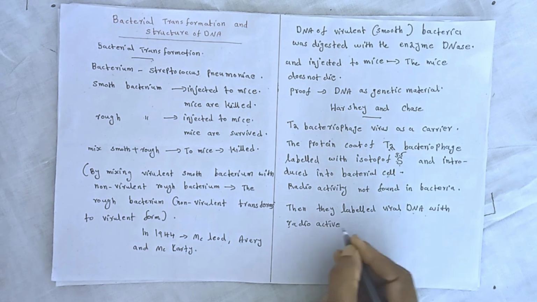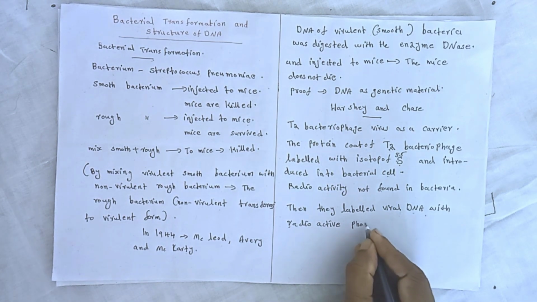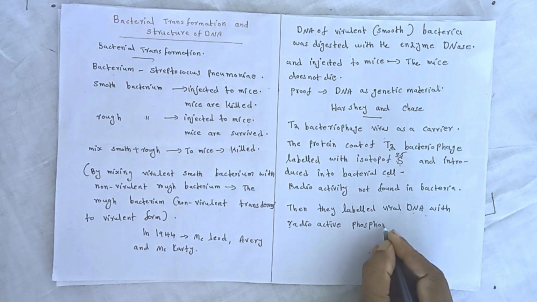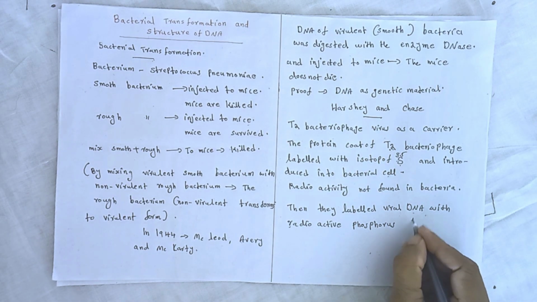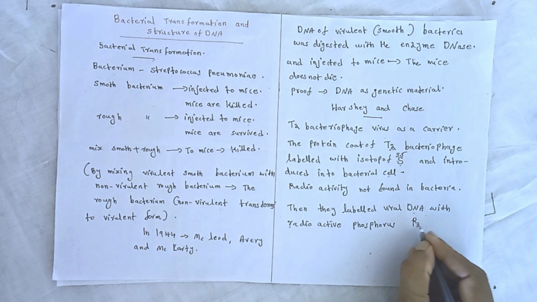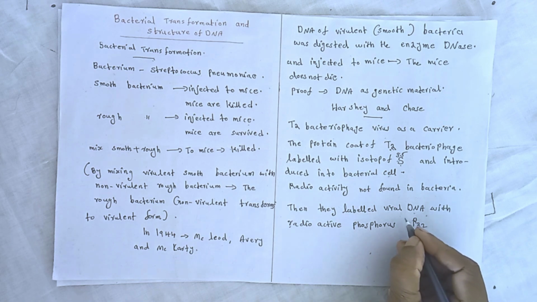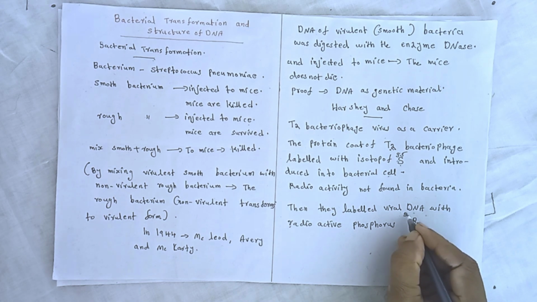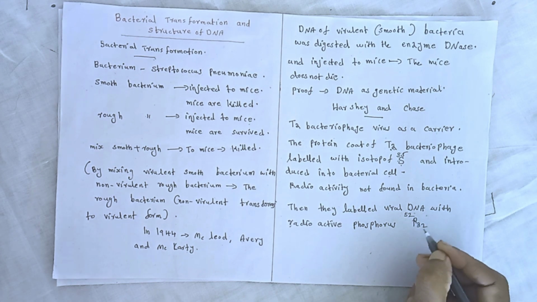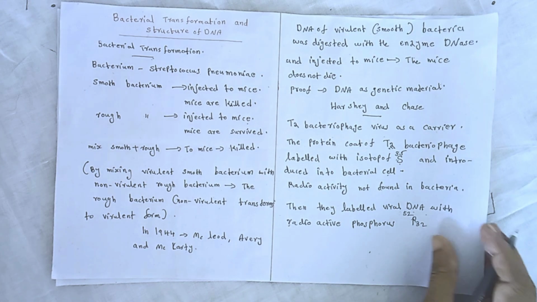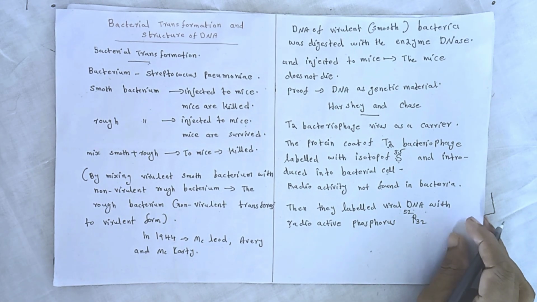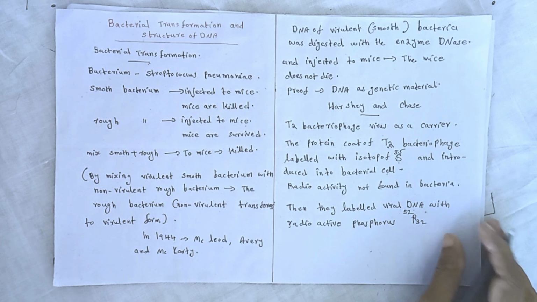Radioactive phosphorus, P32. Radioactivity was found inside the bacteria.